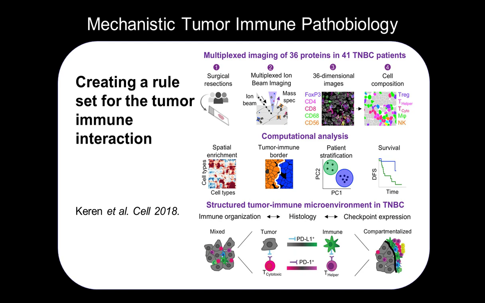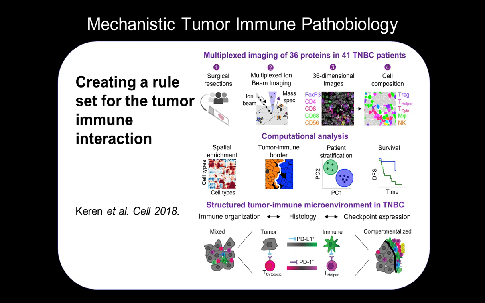To make a long story short, across a cohort of just over 40 patients, there were really only 3 flavors of tissue immune types. One tumor immune type basically lacked immune infiltrate, and of the two that had immune infiltrate, they fell into either finely mixed or compartmentalized tumor types.